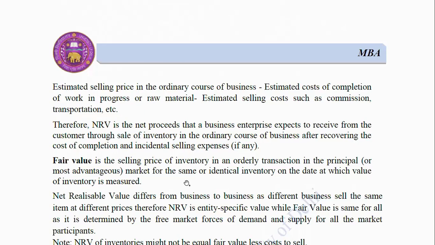Net realizable value differs from business to business as different businesses sell the same item at different prices. Therefore, NRV is an entity-specific value while fair value is the same for all, as it is determined by the free market forces of demand and supply for all the market participants.